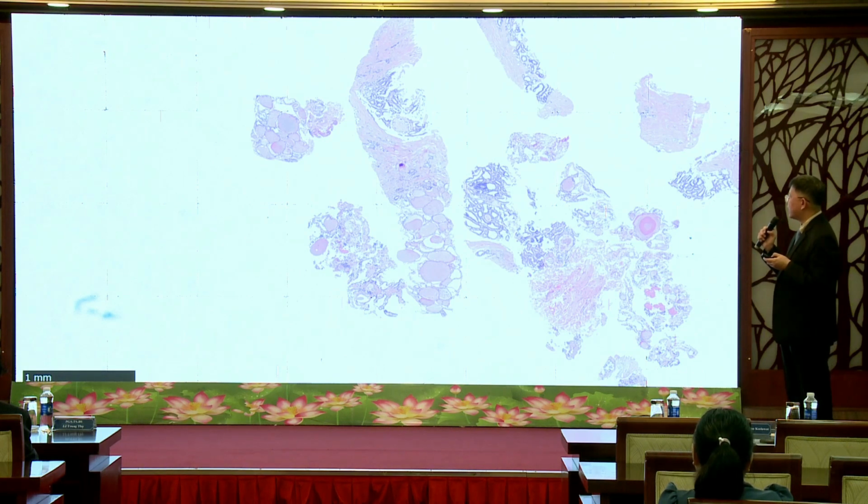So you can see there are two areas. One is the benign area, which looks very benign, and the other area looks quite different, in contrast to the benign thyroid.